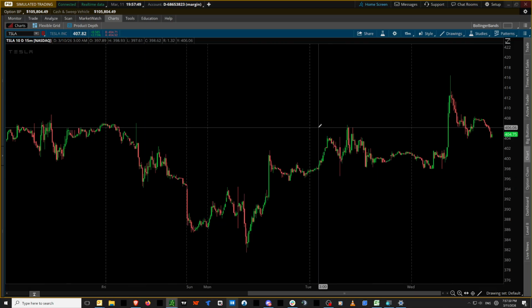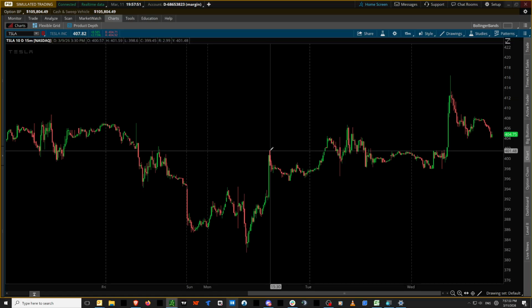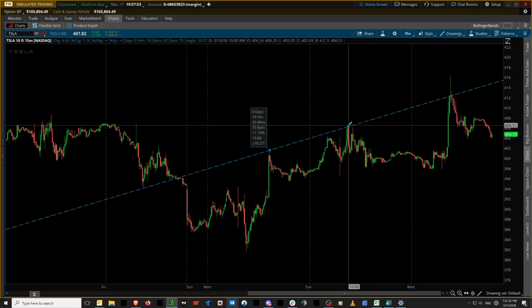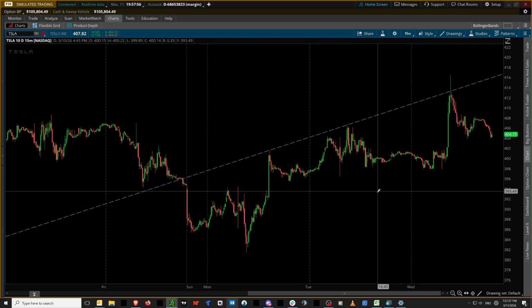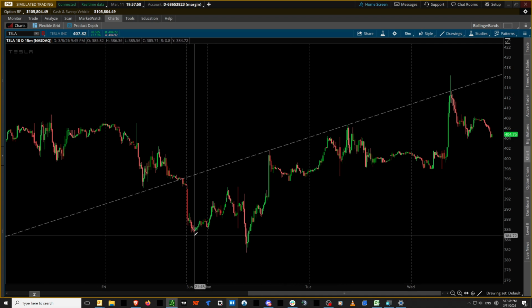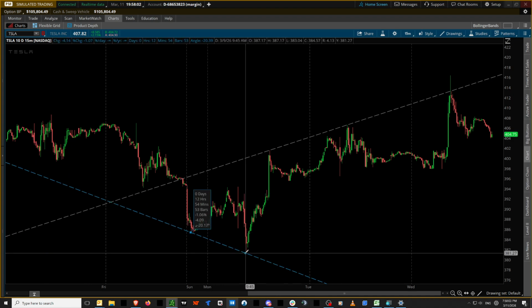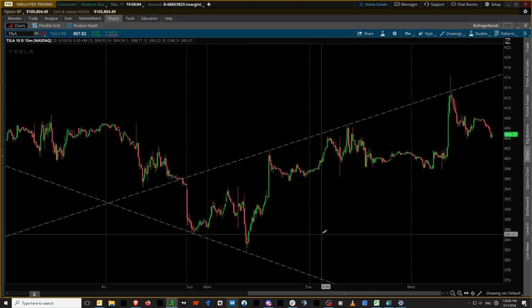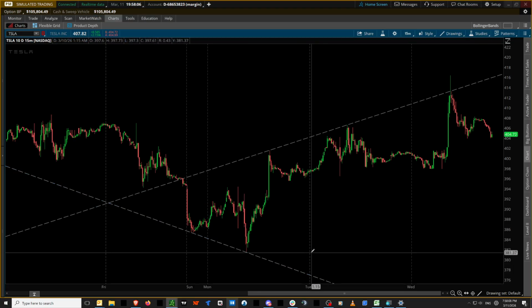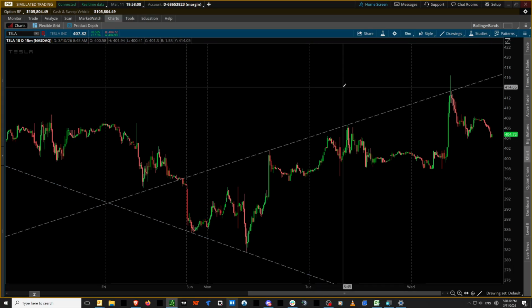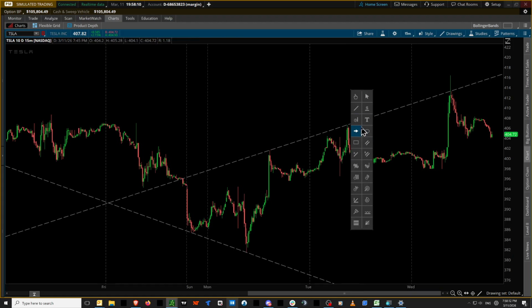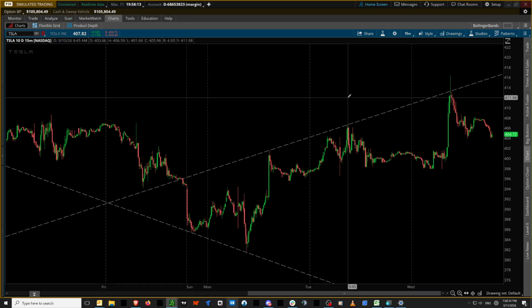Now, two significant highs, significant lows. All right, my vertical line goes here.